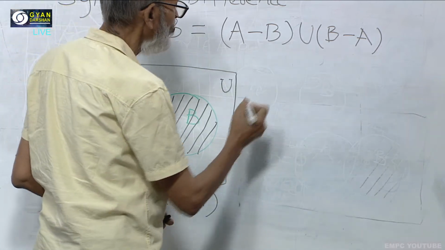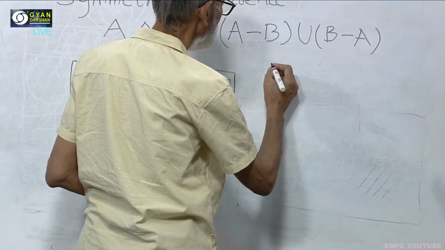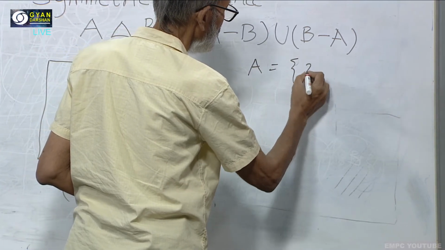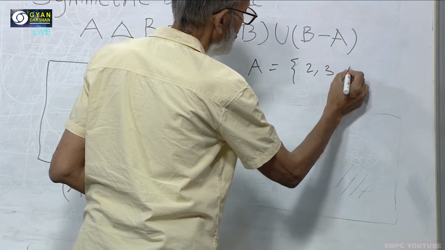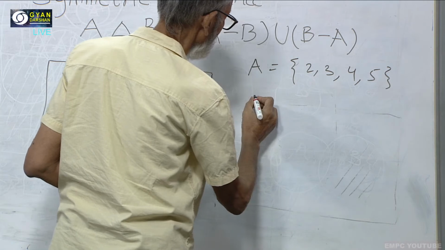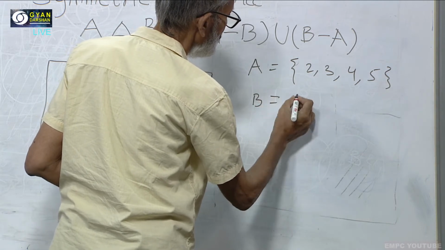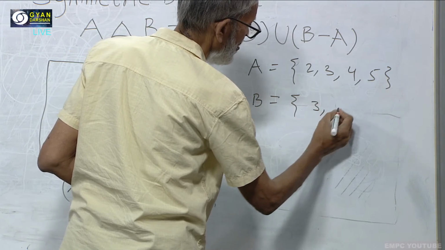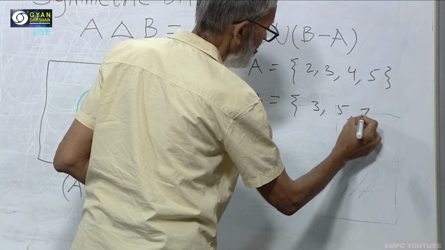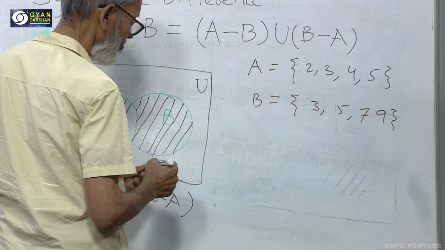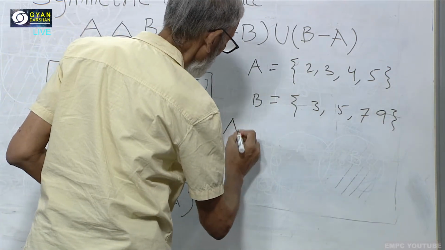Let us take an example. Say A is equal to 2, 3, 4, 5, B is equal to 3, 5, 7, 9. So, what will be A minus B?